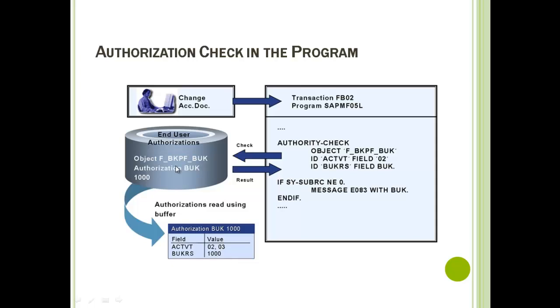When this is available, it goes back and tells the system that this particular authorization object is available in the user buffer, and then it will go on. If it is not available, it will give an error message saying that this company code is not accessible for you. This is the way the program checks whether the authorization is available with the user or not.